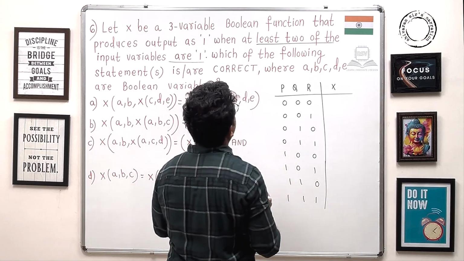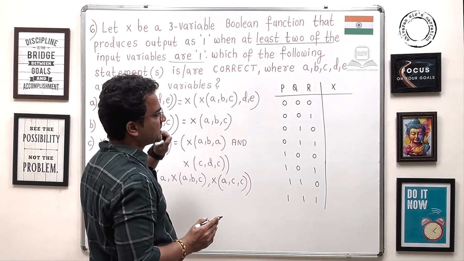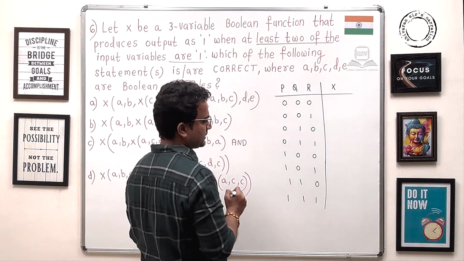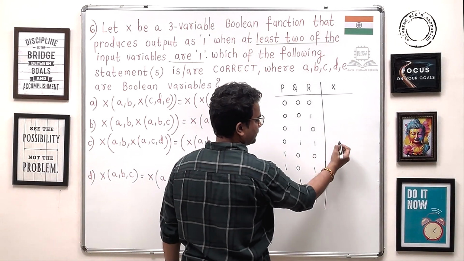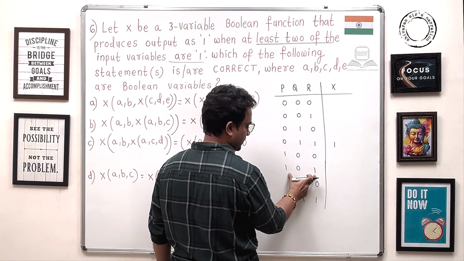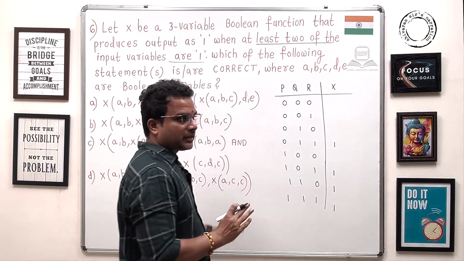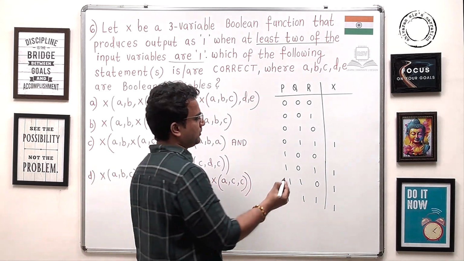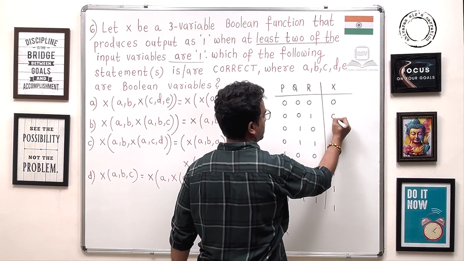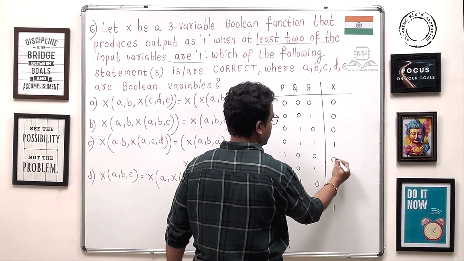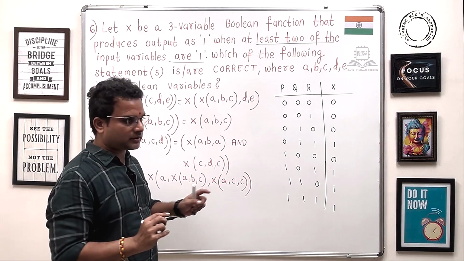Now, at least two of the input variables are 1. Where is it possible? Here output will be 1, here output will be 1, 1, 1. And in the rest of the cases, output is 0. As per the given statement, the truth table is this.